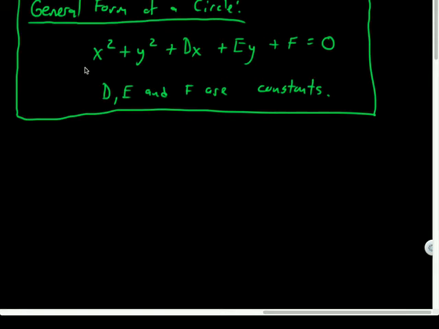Now, one of the things I want to point out is that in general form for the equation of a circle, notice the coefficients of my x squared and y squared terms are both 1. All right? In fact, they will always be the same for the equation of a circle. They will be equivalent in sign and numeral.